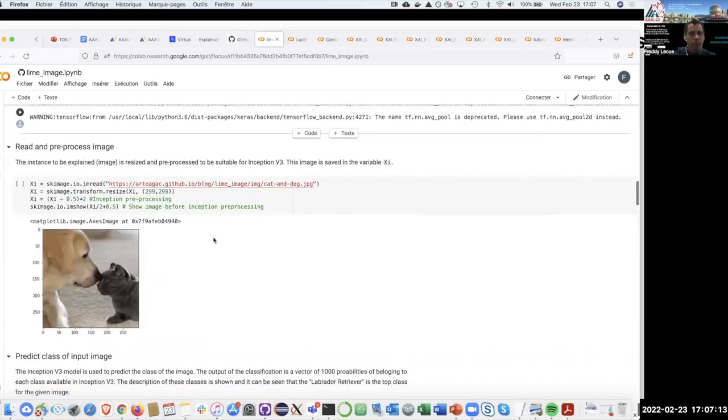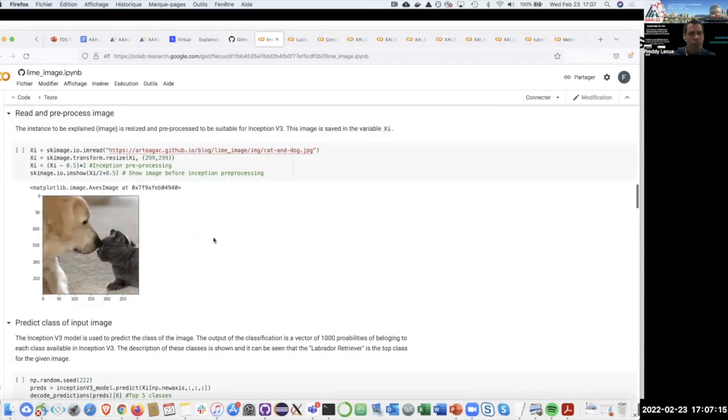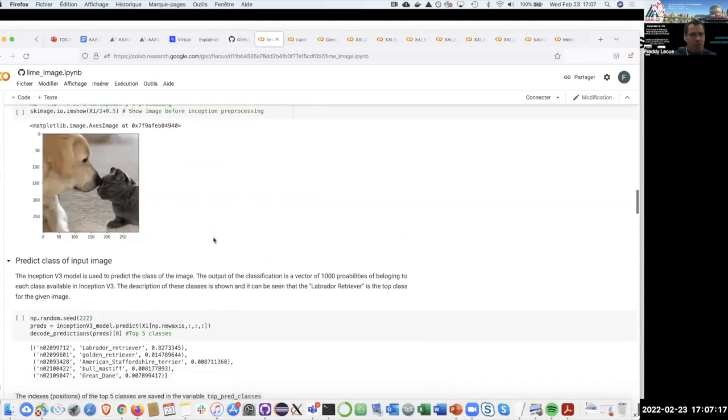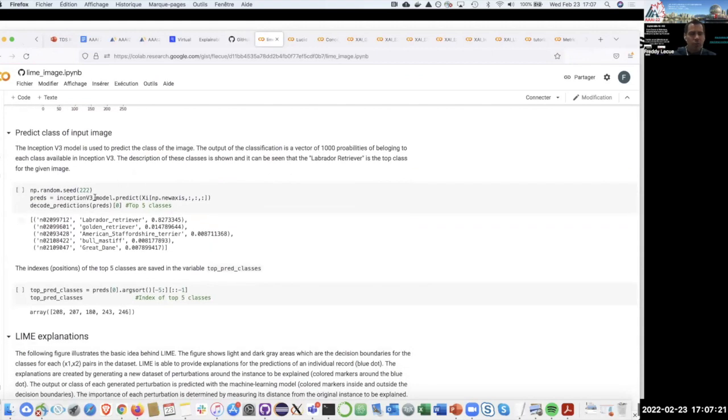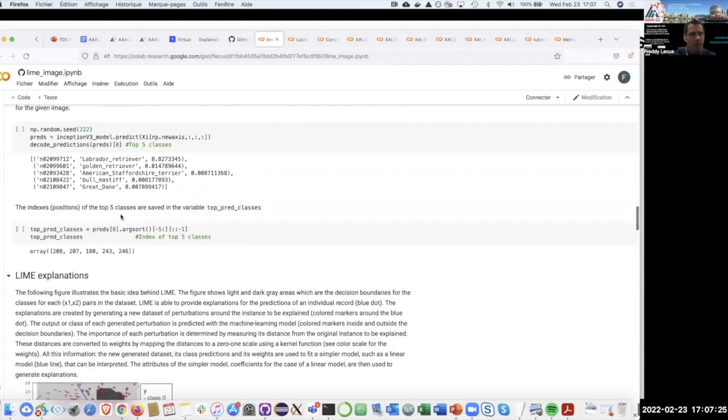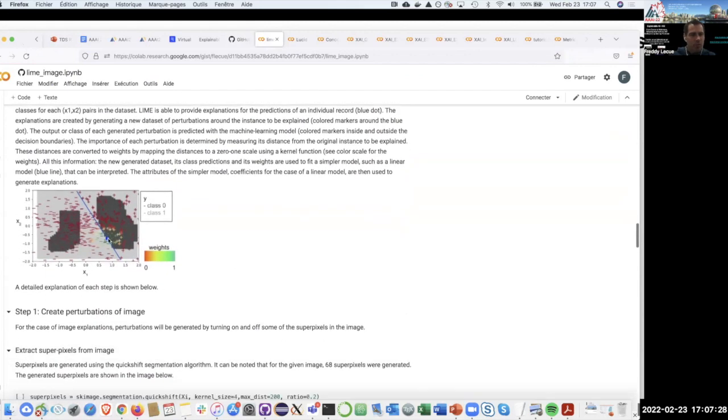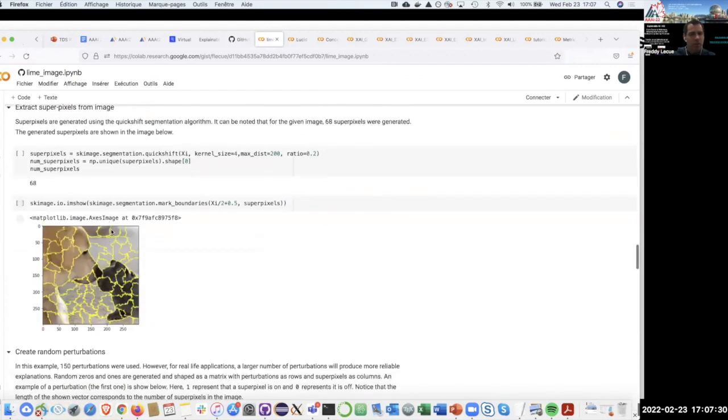You have the input picture. You can use whatever you need. There's no rocket science over here. You use Inception v3 as the model, but you can use whatever model you want. Okay, so here's a set of explanations. There's a step that divides the different parts of the picture.